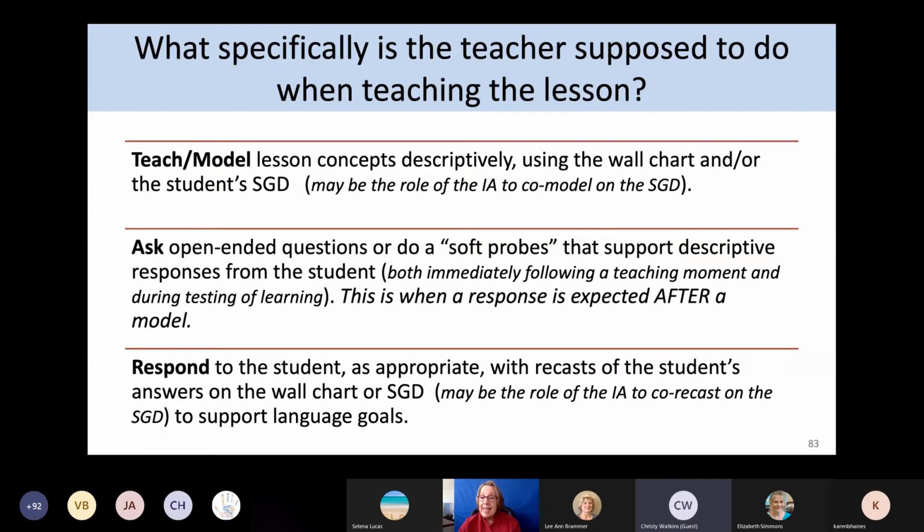We just restate and repeat back, in the broadest term of what a recast is. So if one of our IEP goals is during a lesson, he will give me a 2-word utterance and he only gave me a 1-word response, then my role as the teacher or the instructional assistant is to recast what he just said as a 2-word response. So I'm giving them that increased model.